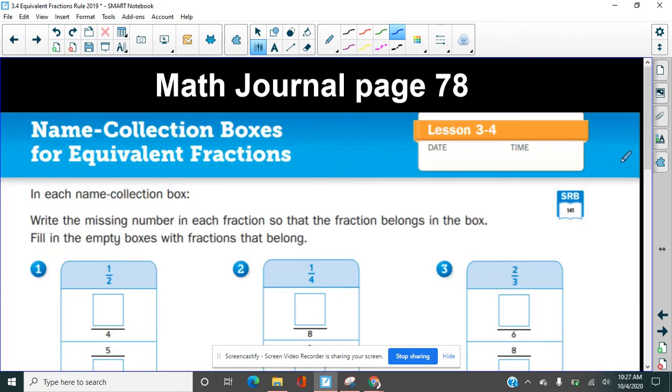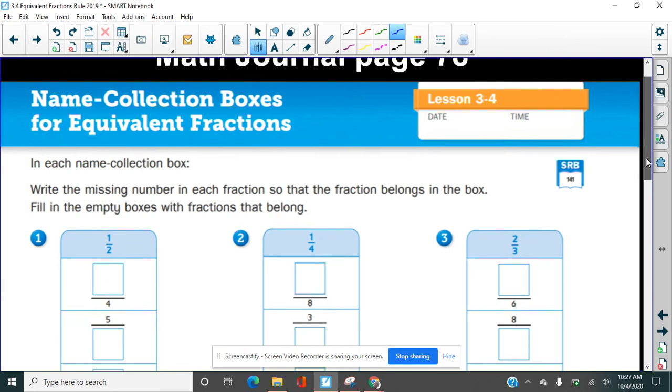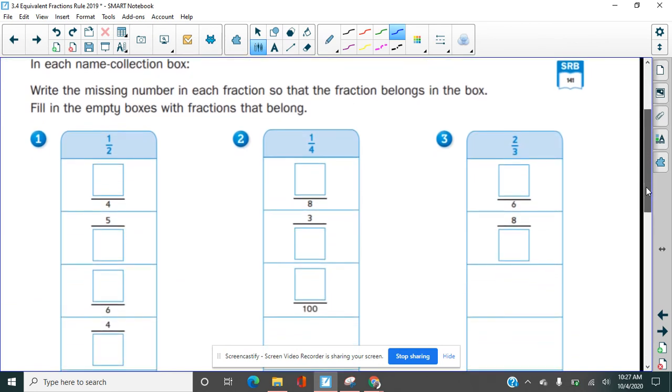Now, our goal here is to fill in these name collection boxes. So we're thinking, what fractions would be equivalent to this one? We write the missing number in each fraction so that the fraction belongs in the box. Fill in the empty boxes with the fractions that belong.